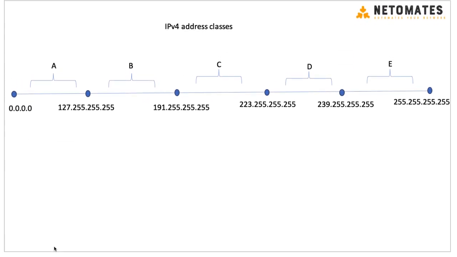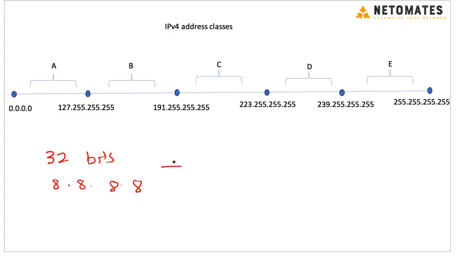In the previous class we have seen that the IP address, especially for IPv4, has 32 bits and is divided into 4 parts: 8 bits, 8 bits, 8 bits and 8 bits.